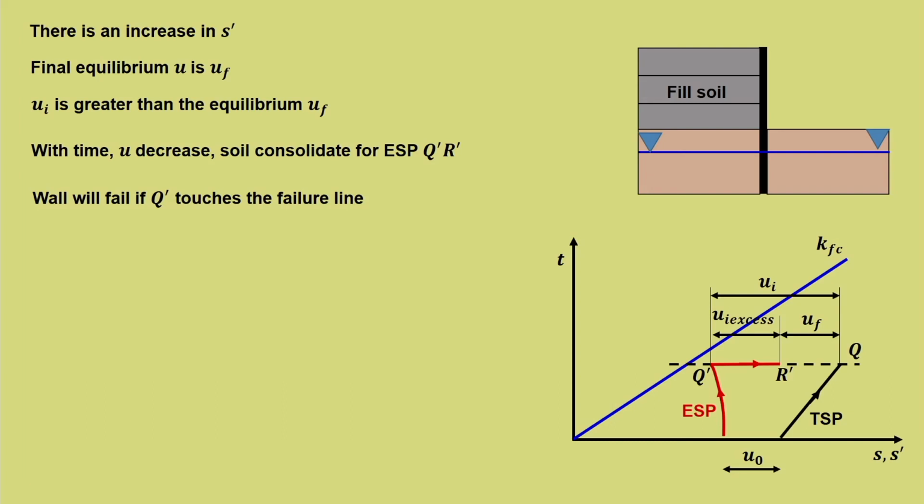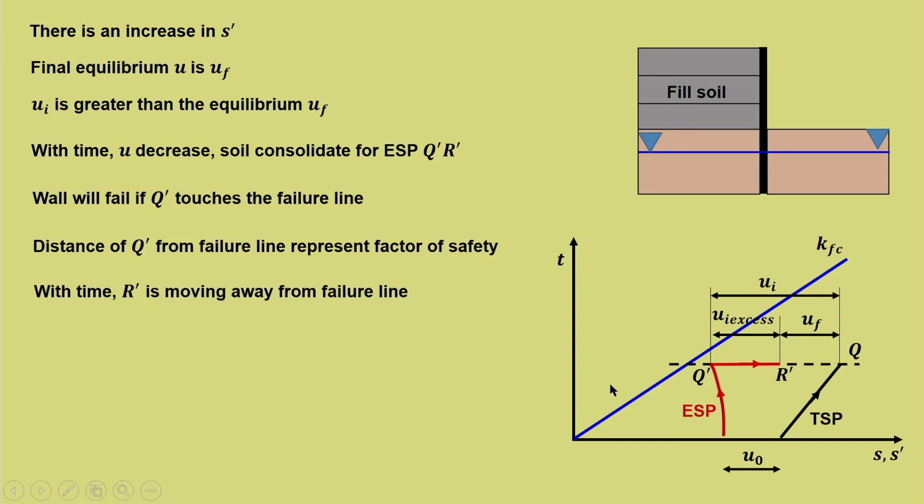With time, as the pore water pressure dissipates, it moves away, so it is not going to fail in the long term. So, the distance of Q dash from the failure line represents the factor of safety. With time, R dash is moving away from the failure line. So, the factor of safety increases with time.